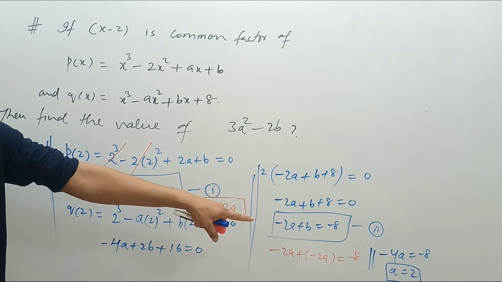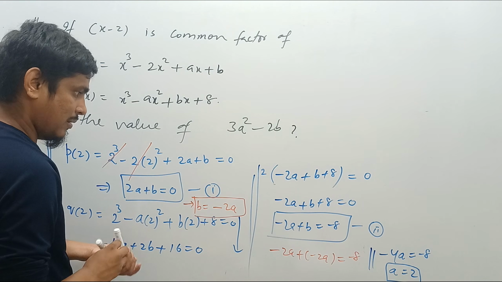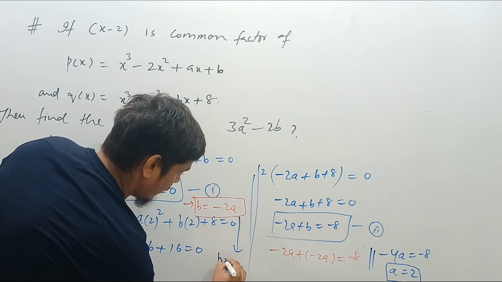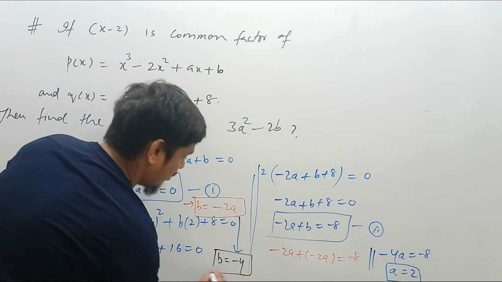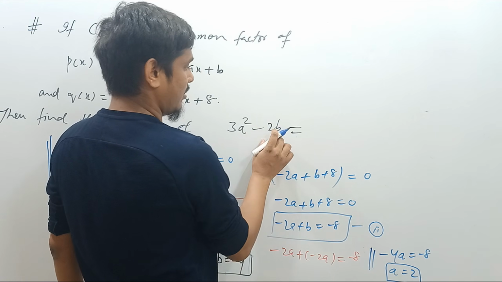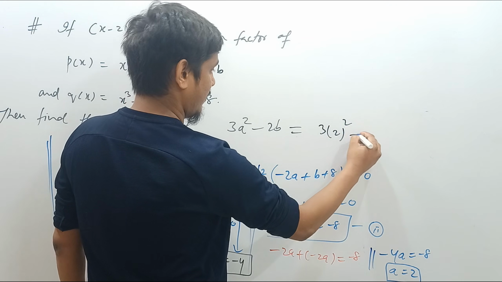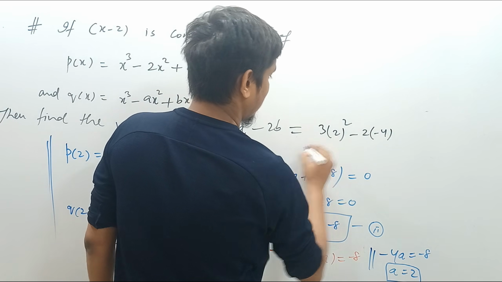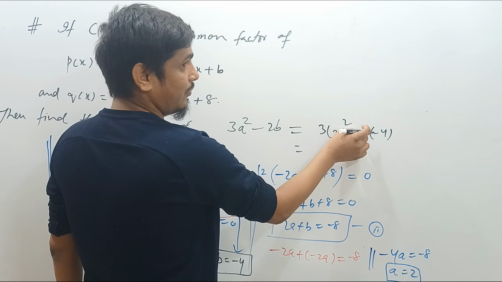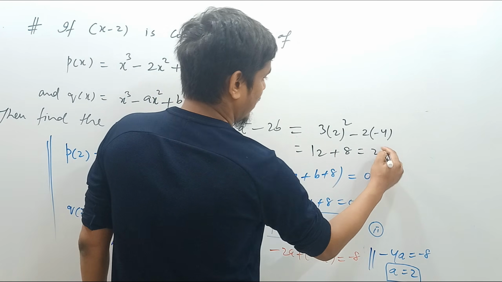Once we substitute the value of a in this, we'll get the value of b to be equal to minus 4. b is equal to minus 4. So we got the value of a and b. So the value of this expression 3a square minus 2b is equal to what? 3 times 2 square minus 2 times minus 4, which is equal to 2 square is 4, 4 times 3 is 12, and minus minus plus 4 times 2 is 8, means equal to 20.